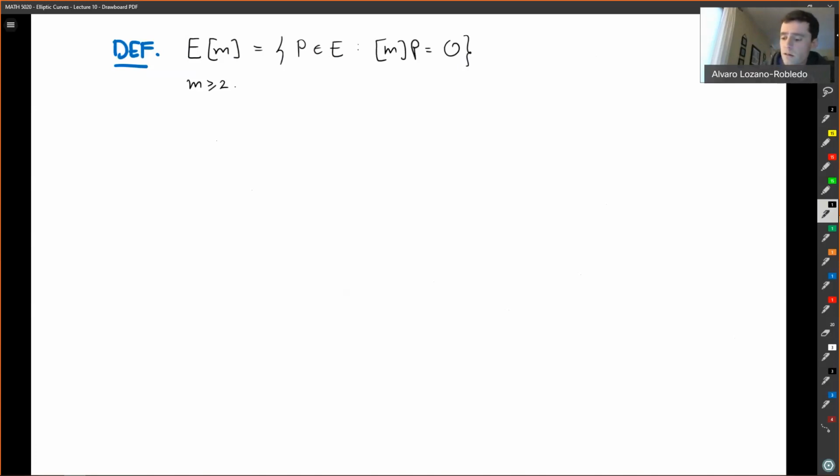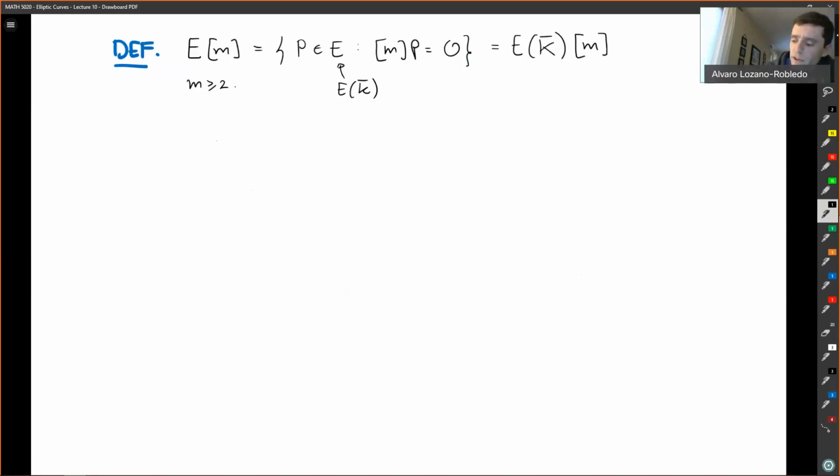This is over K bar. So any point over K bar that goes to O after multiplication by M belongs to the M torsion.